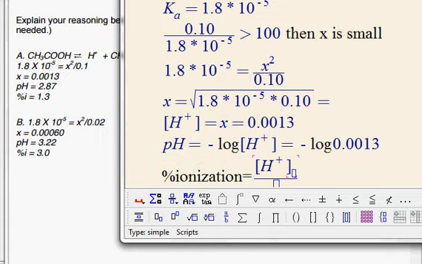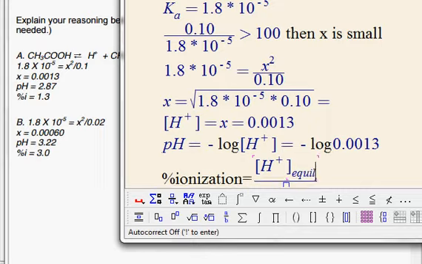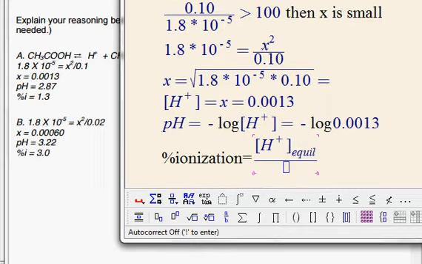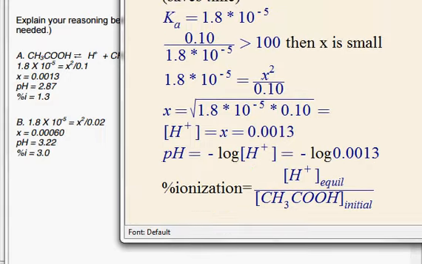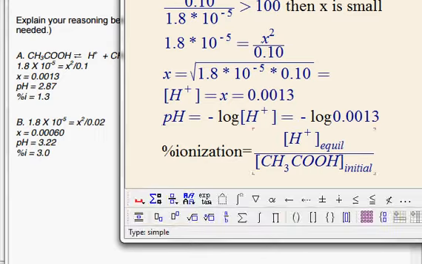So this would be H+ at equilibrium over the CH3COOH initially. And you'll see for the strong acid that this is always 100%, which is what it means to be a strong acid.